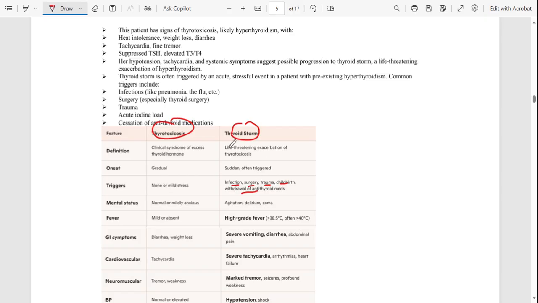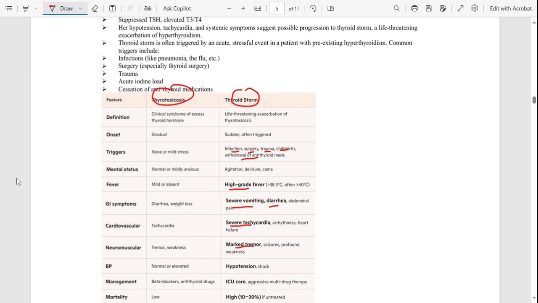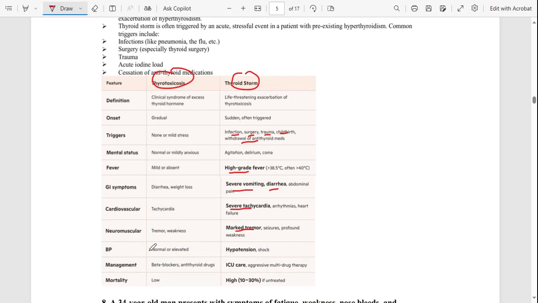In thyroid storm, you can have infection, so you can have high grade fever, vomiting, diarrhea, abdominal pains, severe tachycardia and also marked tremor. Of course, tremor can also be there in just hyperthyroidism or thyrotoxicosis.